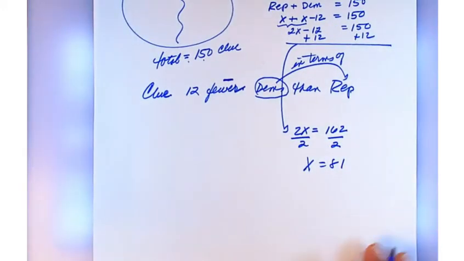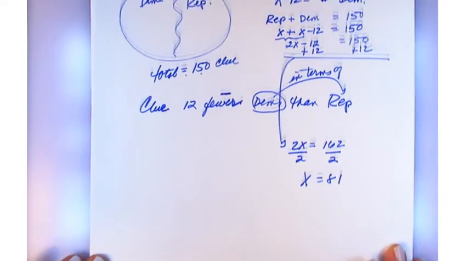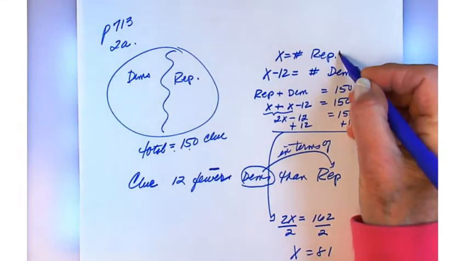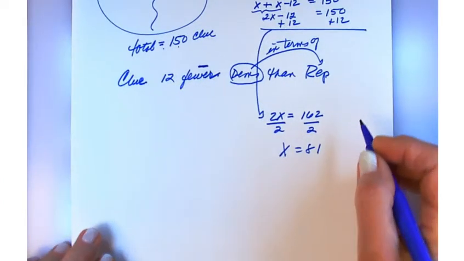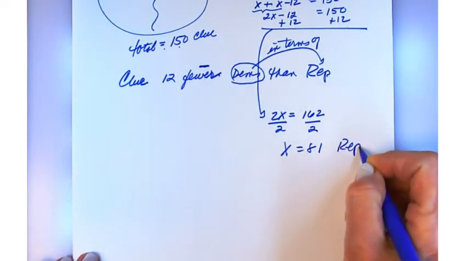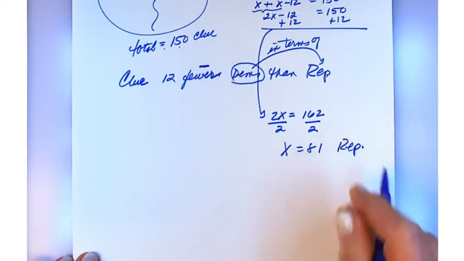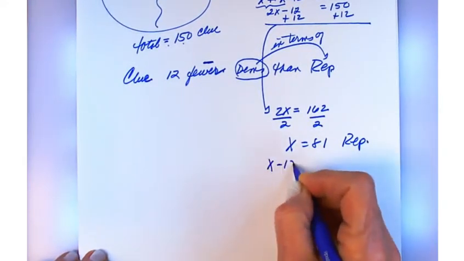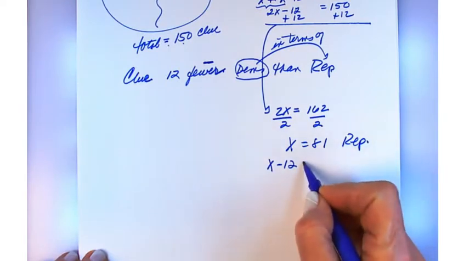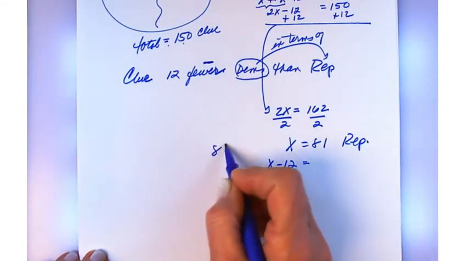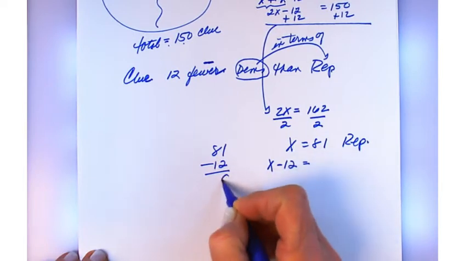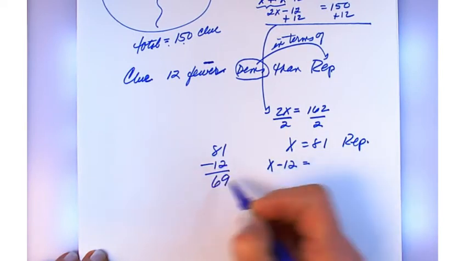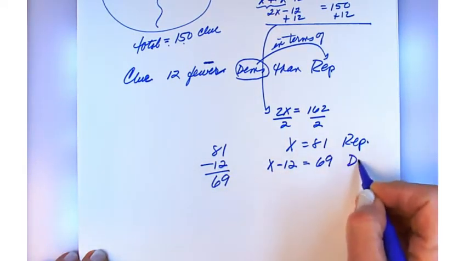And I want to know, is that 81 Democrats or Republicans? I look up here, my x is Republicans. So now I want to know the number of Democrats. X minus 12 is going to be 81 minus 12. You borrow 1. I have 69 Democrats.